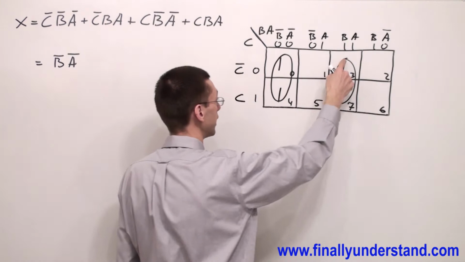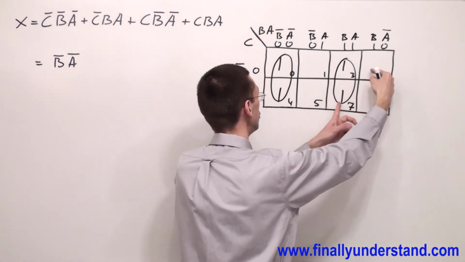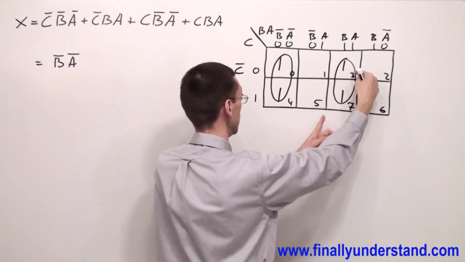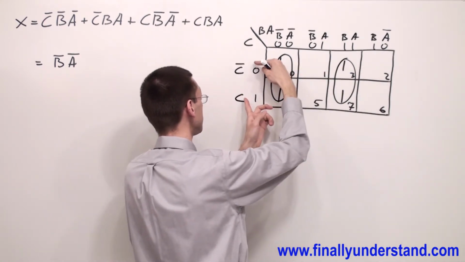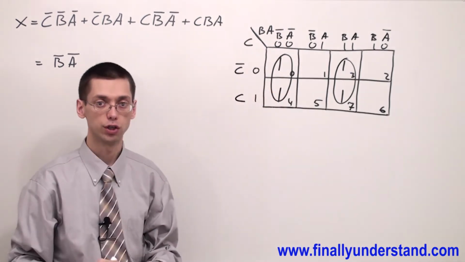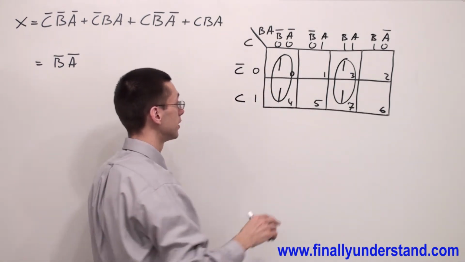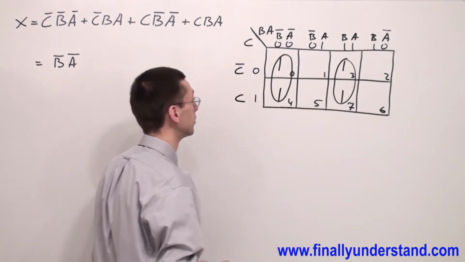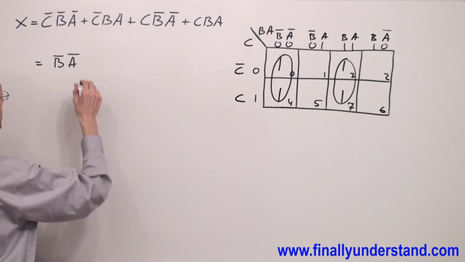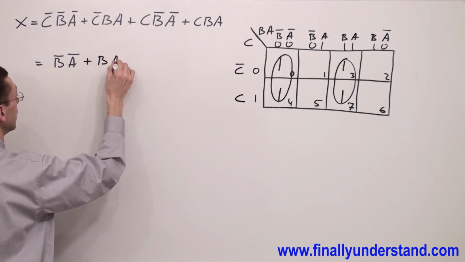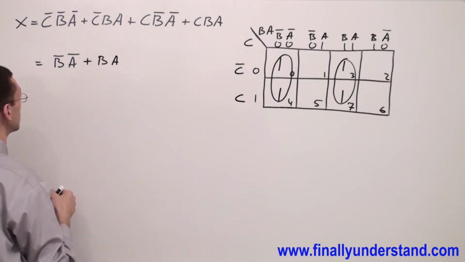This group again is placed in 2 rows and 1 column. On the side of these 2 rows, I have complements. We said we are going to ignore complements and simply copy everything, whatever is above this column. I have BA or B naught A naught. This is the simplified expression.